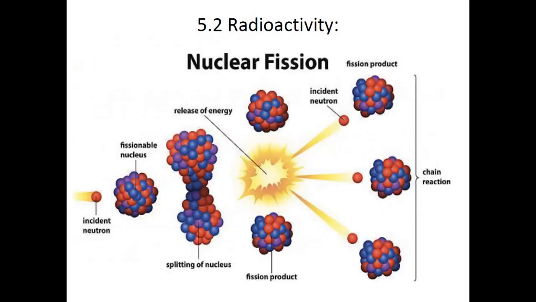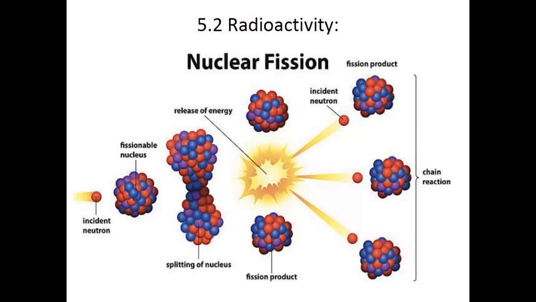This is a diagram of a nuclear fission reaction. An incident neutron hits a fissionable nucleus, making it unstable and critical. Hence, it splits into two daughter nuclei, creating a lot of energy and producing fission products, as well as more neutrons, which then hit other atoms of the same element available in the surrounding, causing a chain fission reaction.